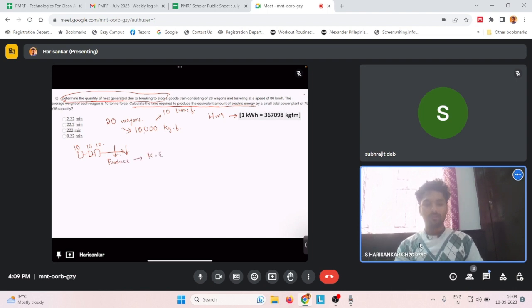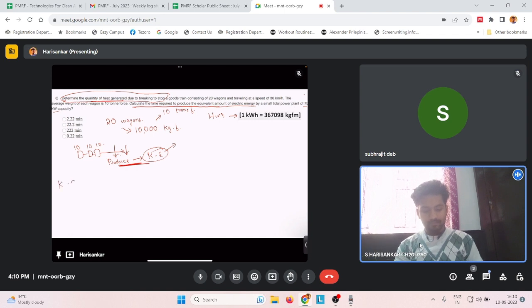So this will produce some energy, basically kinetic energy. We want to calculate the time required by a plant which is rated 75 kilowatt, to produce the same kinetic energy as braking these 20 wagons traveling at a speed of 36 kilometer per hour.